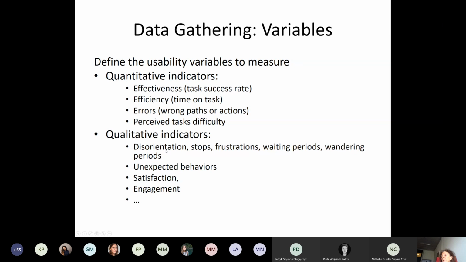Qualitative indicators are more related to the behavioral aspect, to behavioral signals. So when the user manifests, physically or through his face, his movement, his words, signals of disorientation, of being stuck somewhere, of frustration, when he has a long waiting period or a period in which he goes back and forth, or when he has unexpected behavior such as, wow, that is not what I expected.